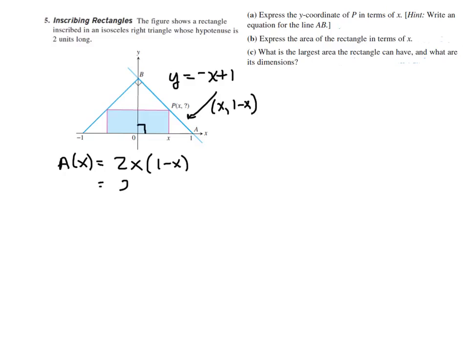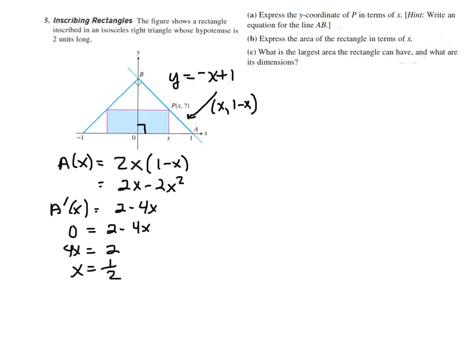If I multiply that out, I get 2x minus 2x squared, which makes the derivative very easy to take. A prime of x will be 2 minus 4x. And if I set the derivative equal to 0, I get 4x equal to 2, and x will equal 1/2. So that is my critical point.